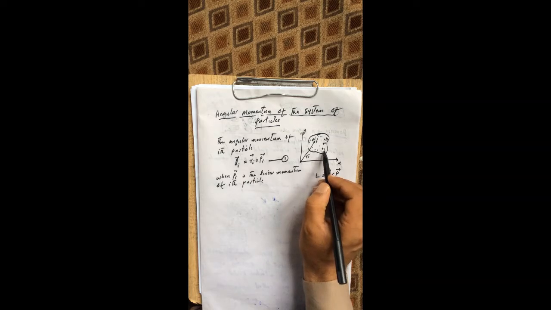Let's say I have particle 1, which has angular momentum L1, particle 2, which has angular momentum L2, and particle 3, which has angular momentum L3, and so on.